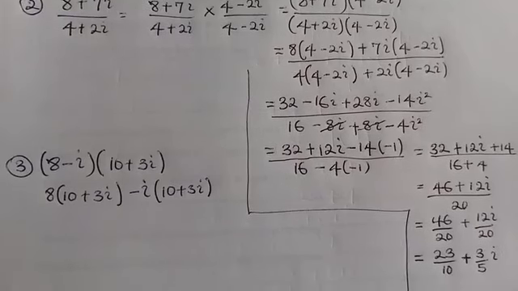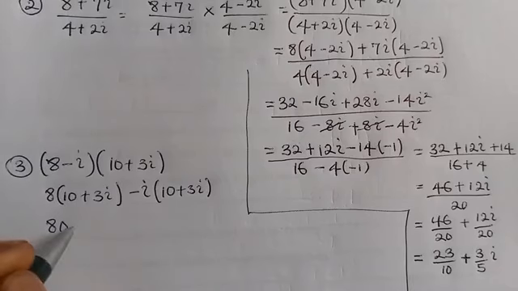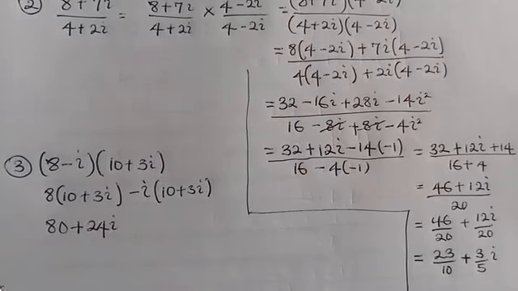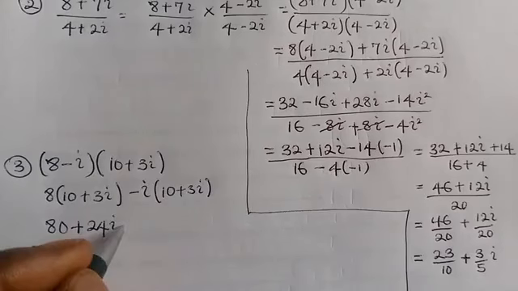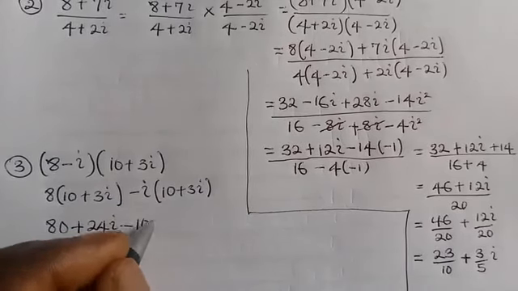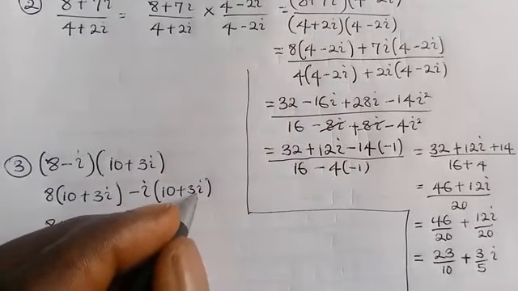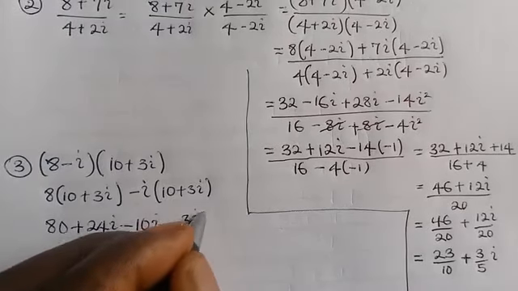So opening this up, we are going to have 8 times 10 giving us 80. 8 times 3i, we are going to have 24i. Minus i times 10, we are going to have minus 10i. Then minus i times 3i, we are going to have minus 3i squared.